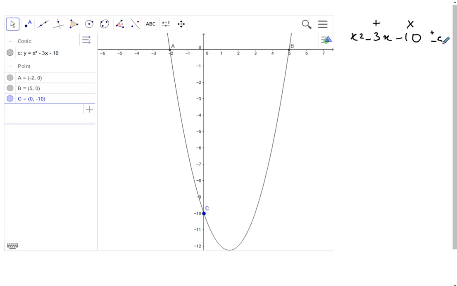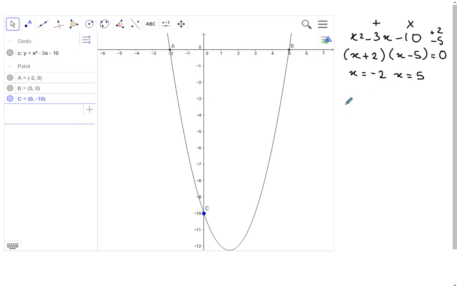So you'd have minus 5 and 2. So in brackets, you'd have x plus 2, x minus 5. And when we make that 0 to find the x-intercepts, we'd have x equals minus 2 or x equals 5.